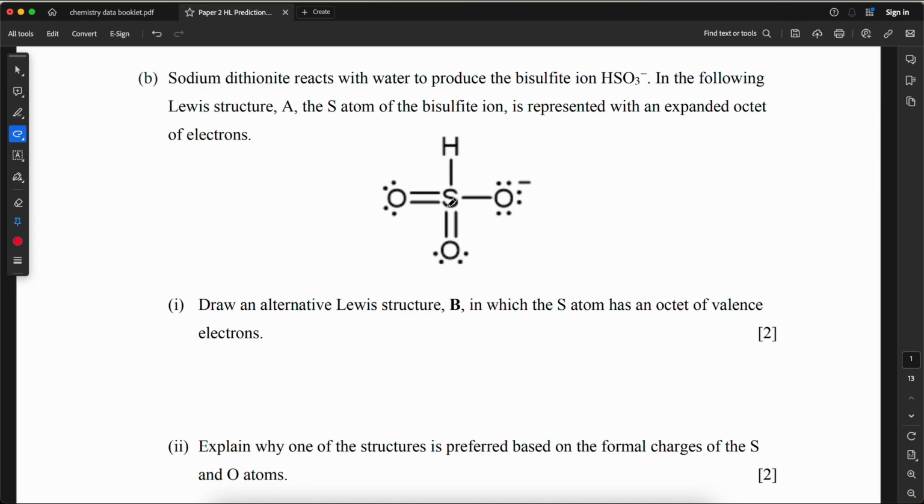For the S atom to have an octet of electrons, the pi bonding pairs of the S double bond O must be placed on the O atoms, forming additional lone pairs. Okay, thus the structure B would be S, O, O, O, and O here.